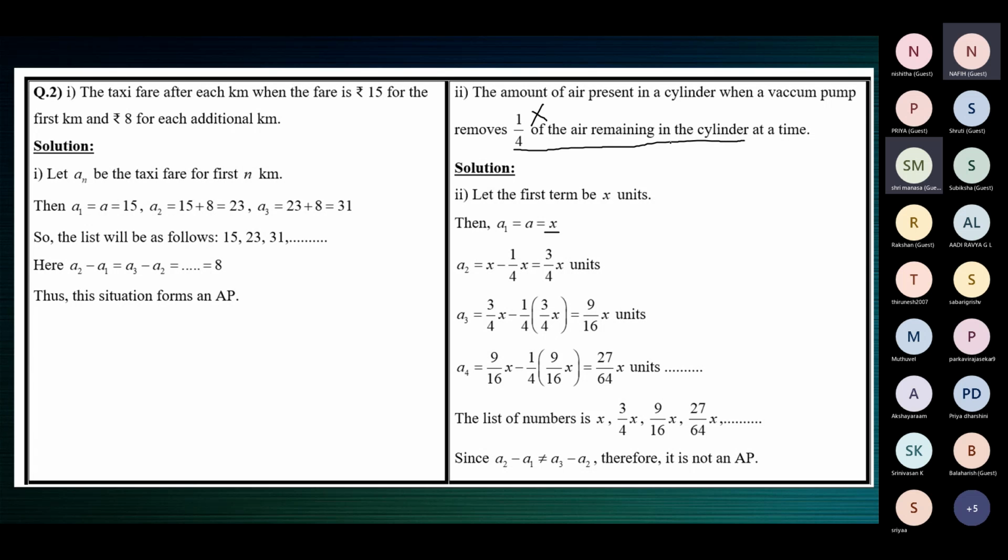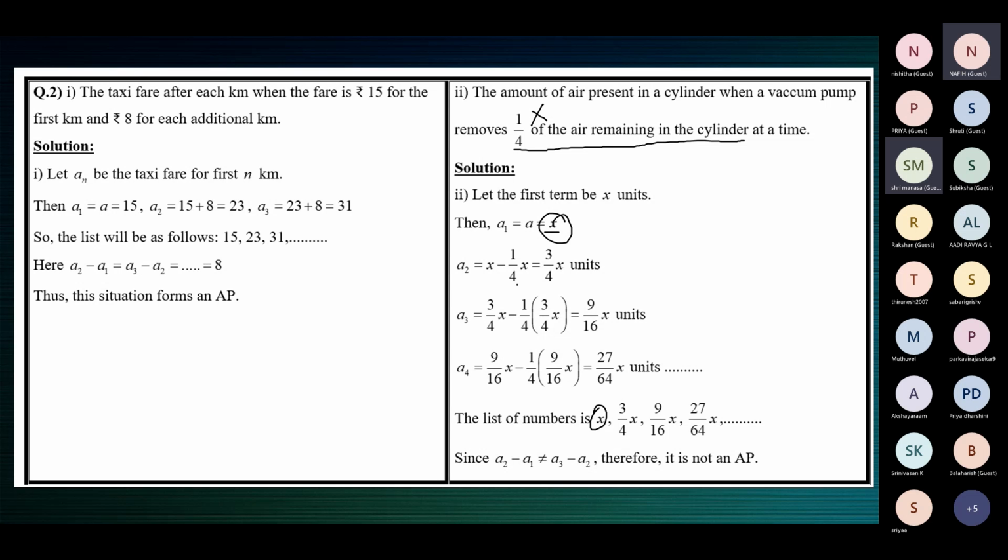Whatever is the air remaining, you should substitute. So originally X, the first term is X. Then X minus 1/4 of X, because X is there in the cylinder. So X minus what it removes, you'll have to subtract.